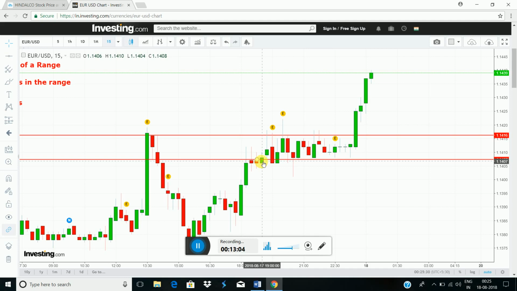This is a small bullish candle, and then I see a confirmation of the bullish trend in this candle right over here. This candle opened above this previous green candle, and this candle confirmed the trend of this green candle, that this currency pair is bullish.